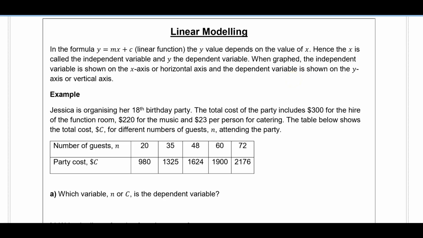People have trouble and really confuse themselves, so we might have to remember that the independent variable is the x and y depends on it, so that's the dependent variable. Or independent, dependent, x, y. Now it's not always x, y.